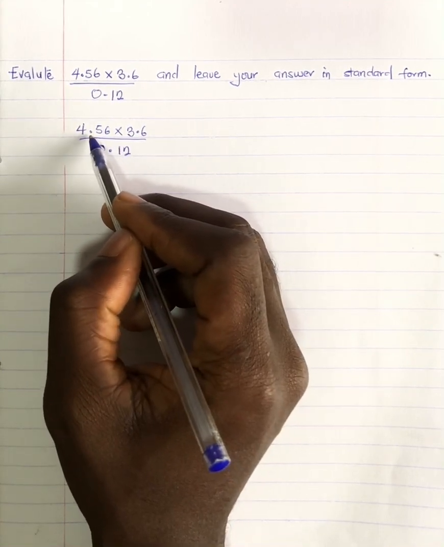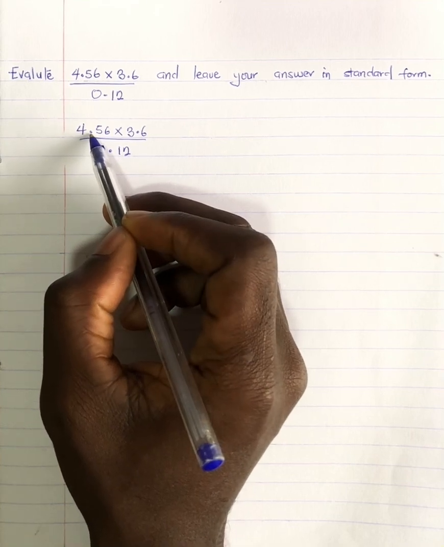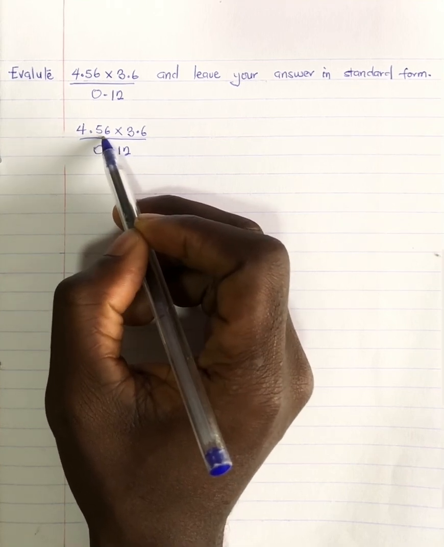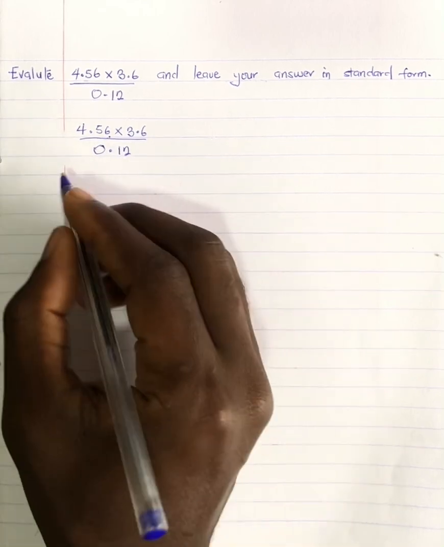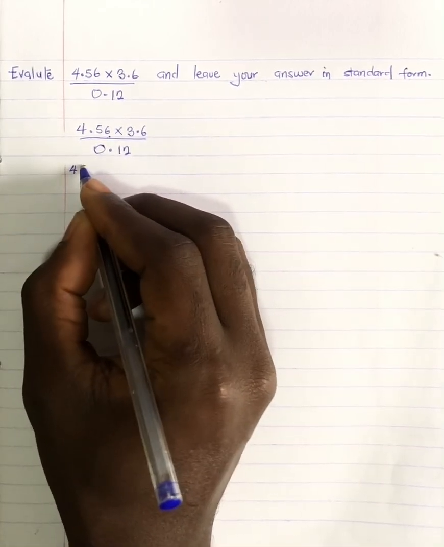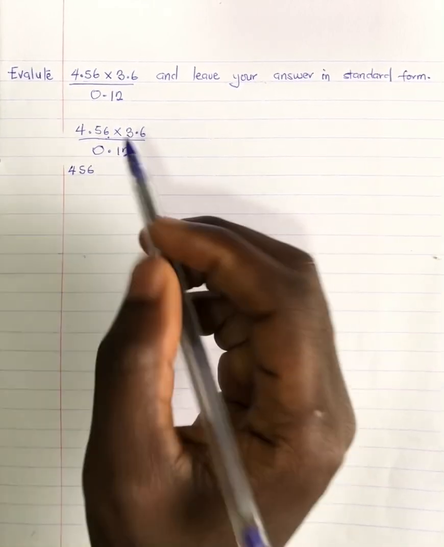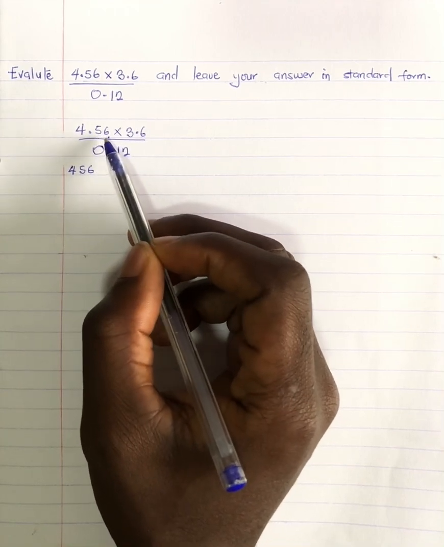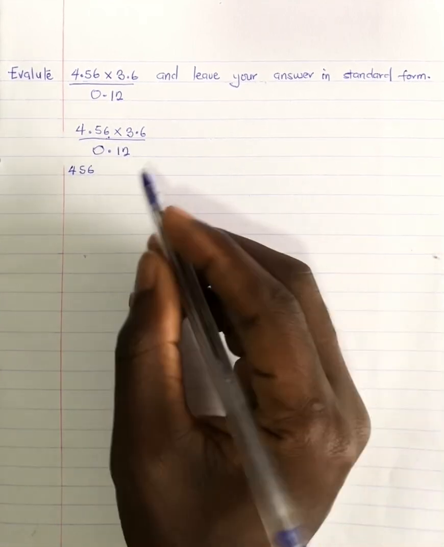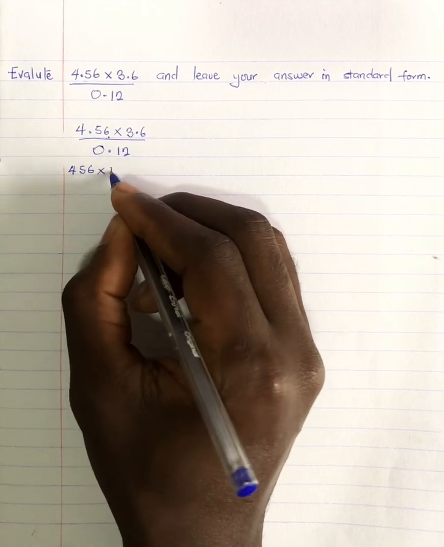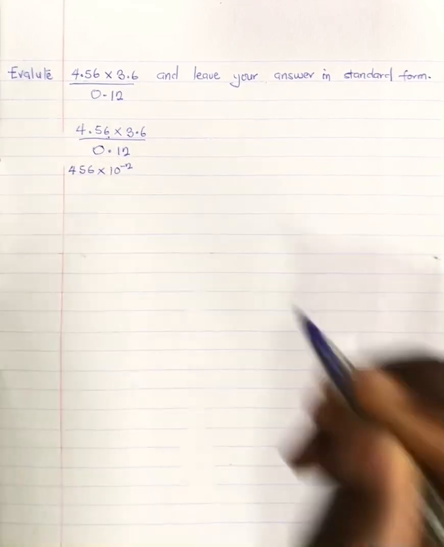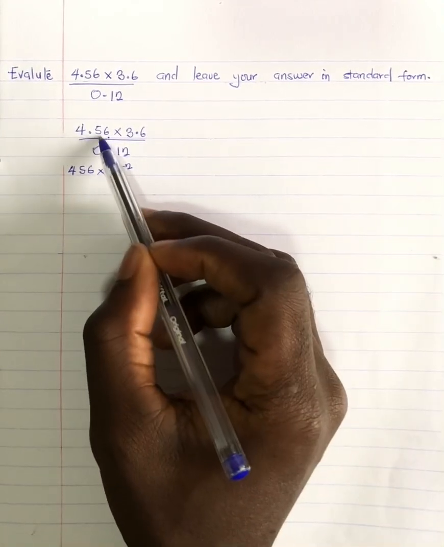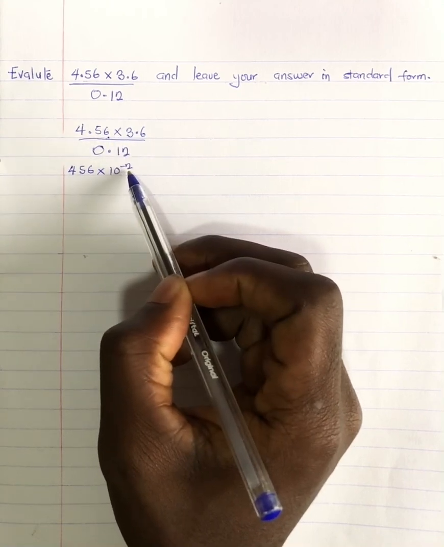So meaning we have to push this decimal point to the back of the 6 to get 456. Now, if we move the decimal point backwards, we have a negative power. So we moved it twice. So we have a negative power of 2.